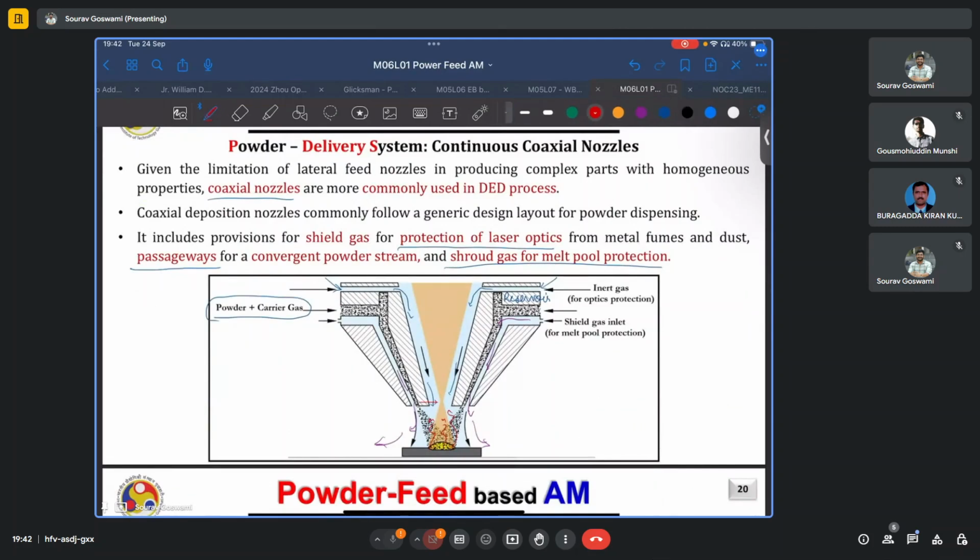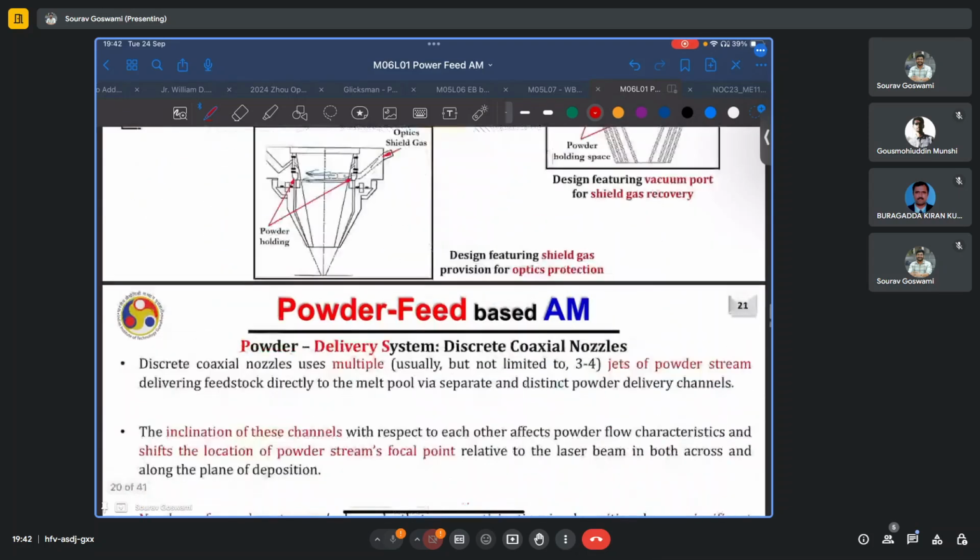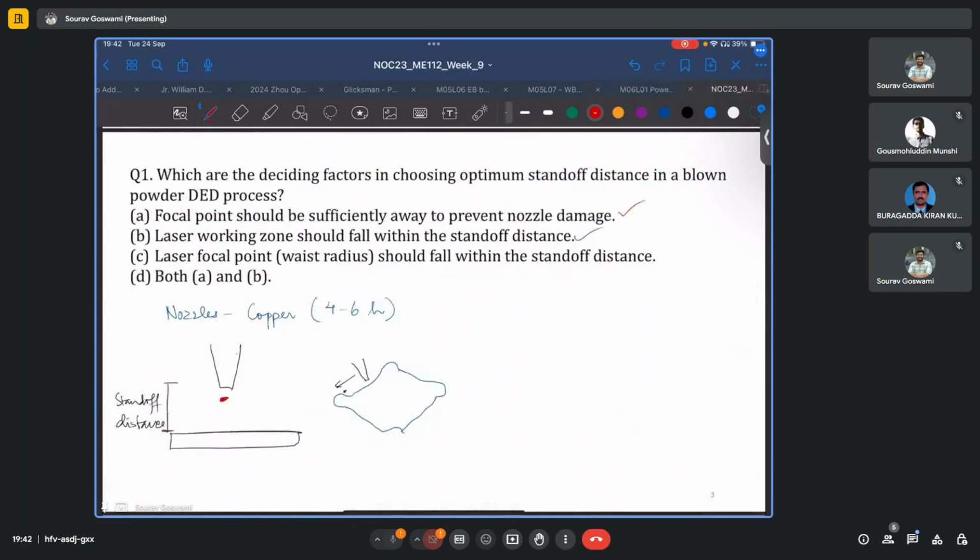The beam radius, if you recollect, is the narrowest section of the laser, or the waist radius. And typically this falls inside the nozzle itself, after which the beam again diverges. This beam radius typically will fall within the nozzle and this is outside the standoff distance. So option C is correct. The correct option is both A and B, option D.